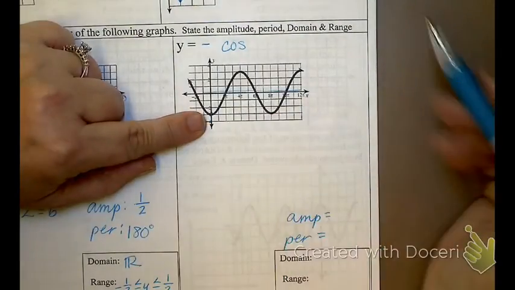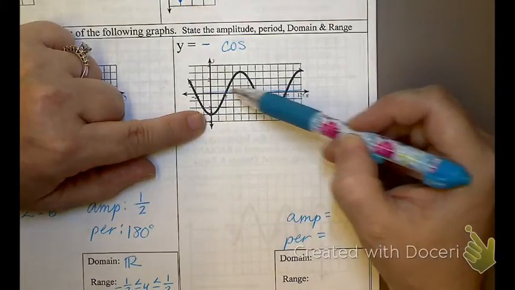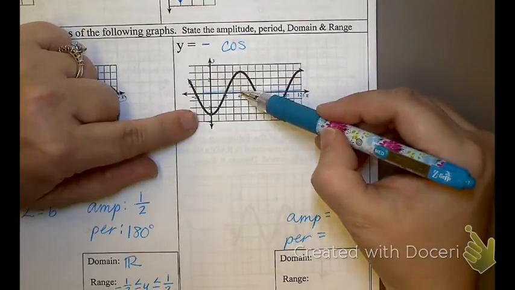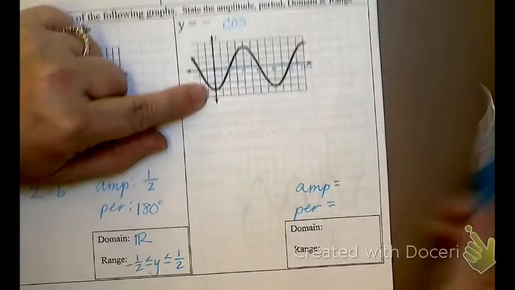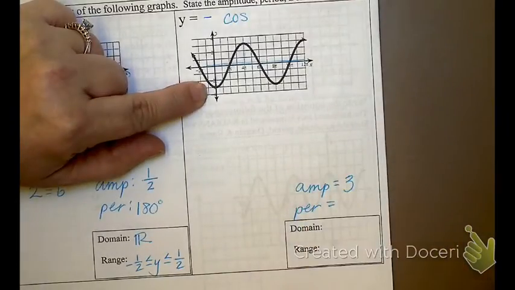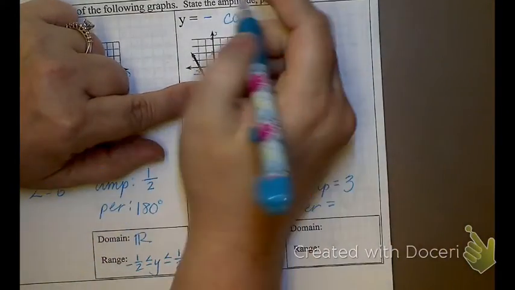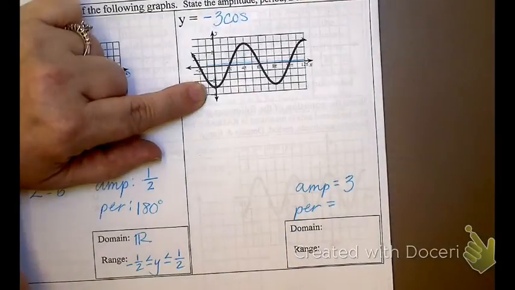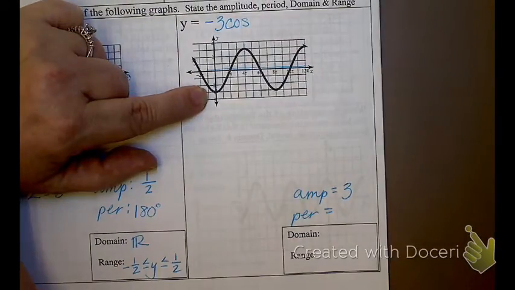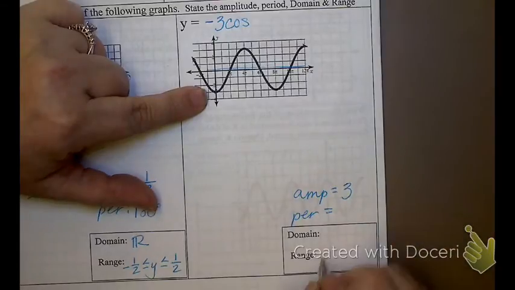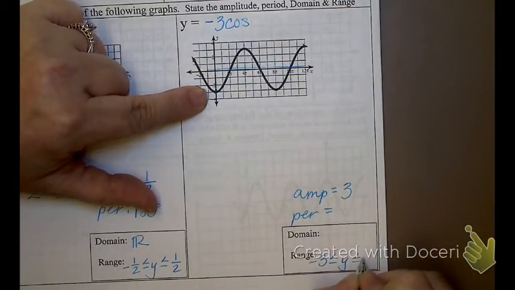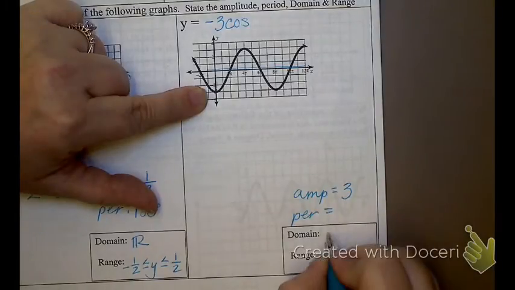I think we're sticking with that for right now. And we're counting by ones. So we're going up 3 and we're going down 3, which means my amplitude is 3. So in my equation, that's going to be a negative 3 because it is reflected over the x-axis. That also tells me my range is going to be negative 3 to 3. My domain is still all real numbers.